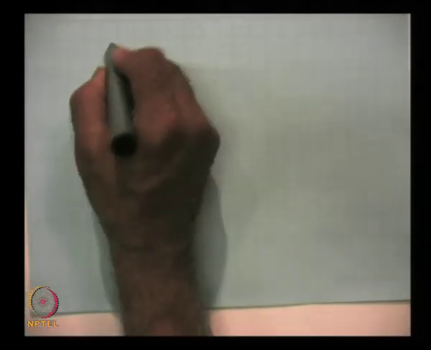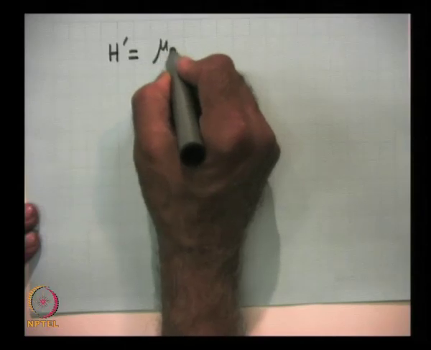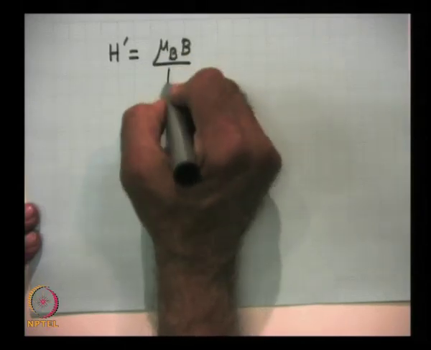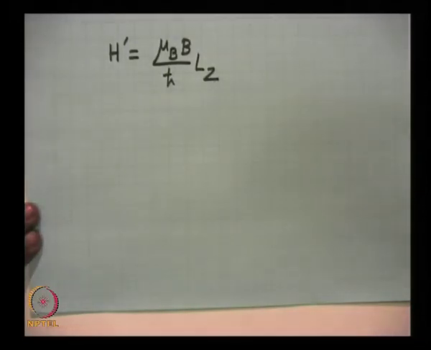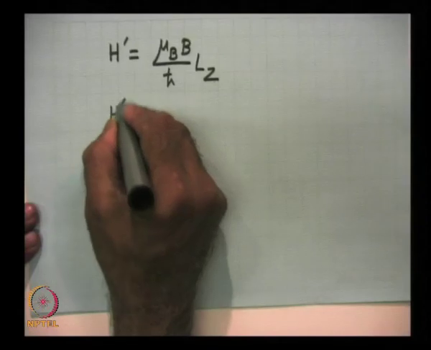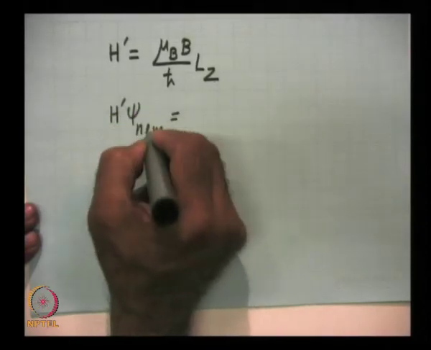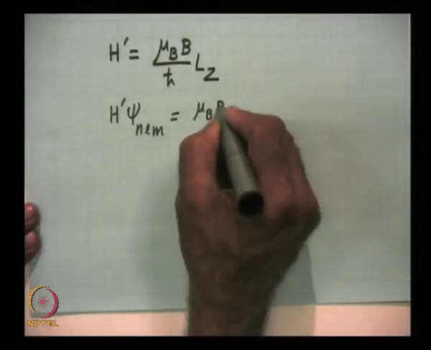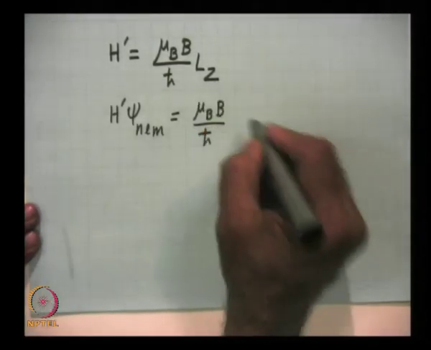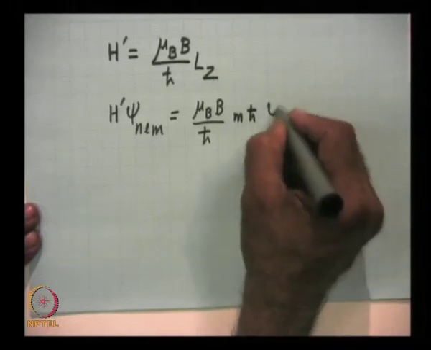So, H prime, what is H prime? As I said, this is equal to μB B by ħ times Lz, because of just the orbital motion. Lz is the z component of the orbital angular momentum. So H prime ψnlm is equal to Lz ψnlm, and therefore this will be μB B by ħ times mħ ψnlm.